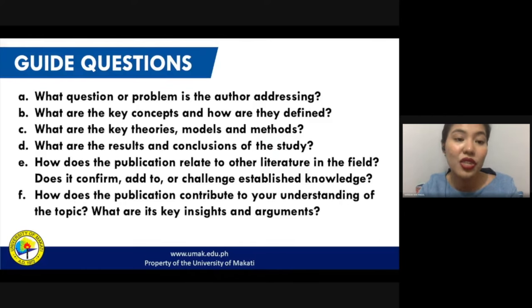The next one is, how does the publication contribute to your understanding of the topic? It's not enough that just because it contains the same words that you have in your research question, it's already related. That's incorrect thinking. You have to understand that the literature you have chosen has to support your interpretation or your understanding of your own research or writing.